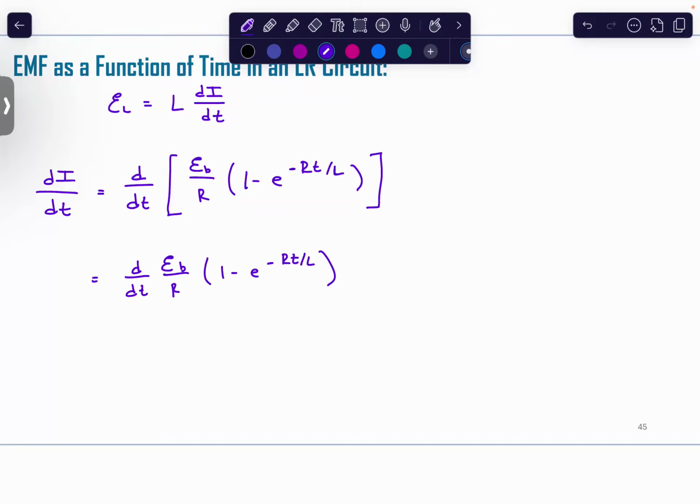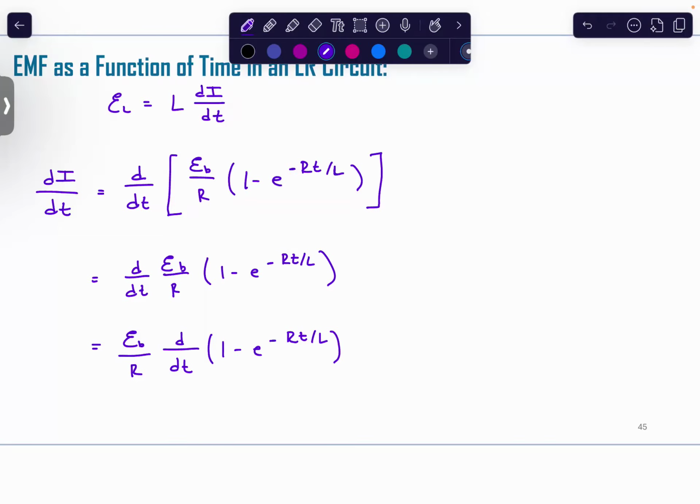So that EMF of the battery over R is a constant. You can do the full proof of the chain rule when you take calculus.